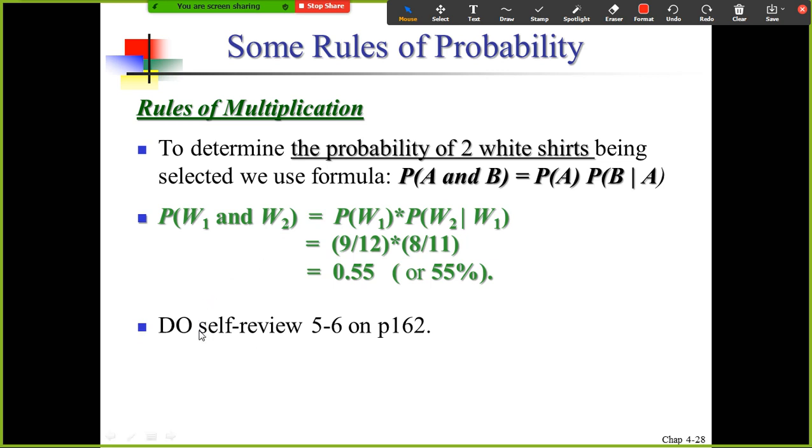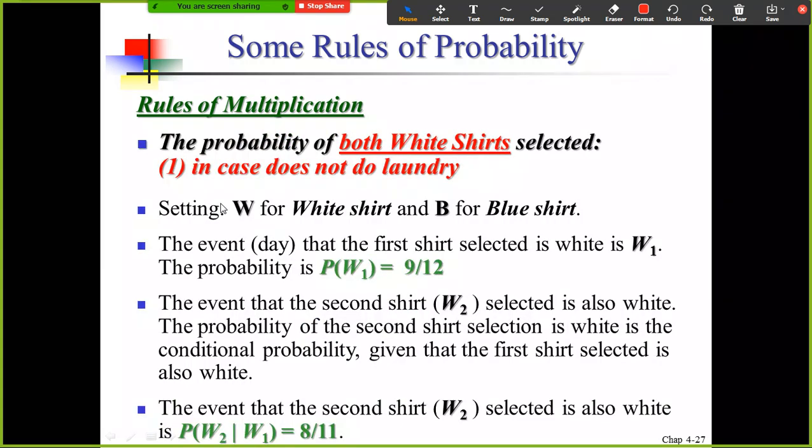This is self review 5.6. You can go to your textbook on page 162. And how about the other question? Case 2: answer the same question but for case 2, because I answered case 1 already.